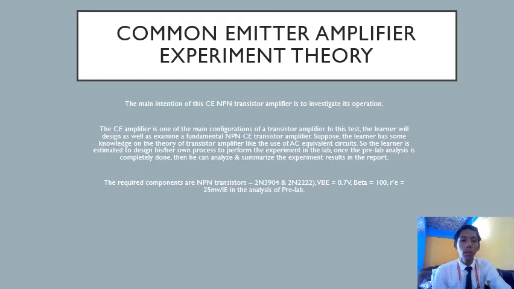So the learner is expected to design his or her own process to perform the experiment in the lab. Once the pre-lab analysis is completely done, then he or she can analyze and summarize the experiment with results in the report. The required components are NPN transistors 2N3904 and 2N2444, VBE equals 0.7 V, beta equals 100.